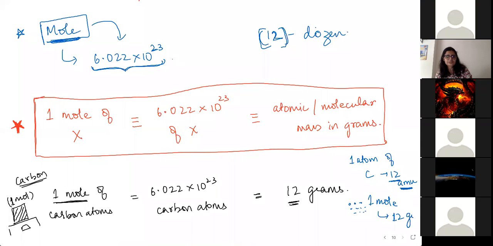Instead of AMU, just make it grams. So that's the importance, and that's how you relate an individual atom versus figuring out the mass in grams. Carbon usually exists in atomic form. If you consider diamond, it has individual carbon atoms and all that. Same thing you can extend to molecules also.